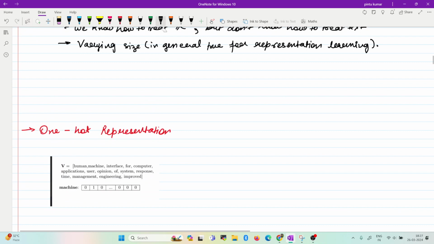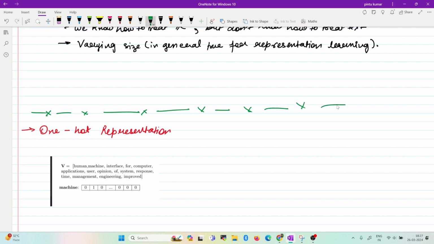Now we'll stick just to text data. The first method that I want to discuss to convert our text to Rn representation is known as one hot representation. I'll try to define some terminology before we get into it.